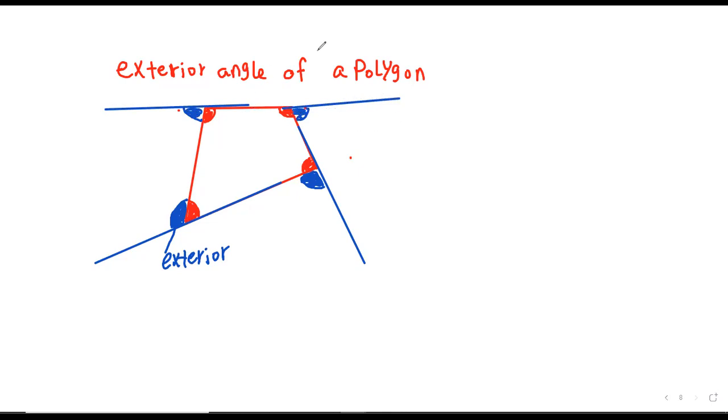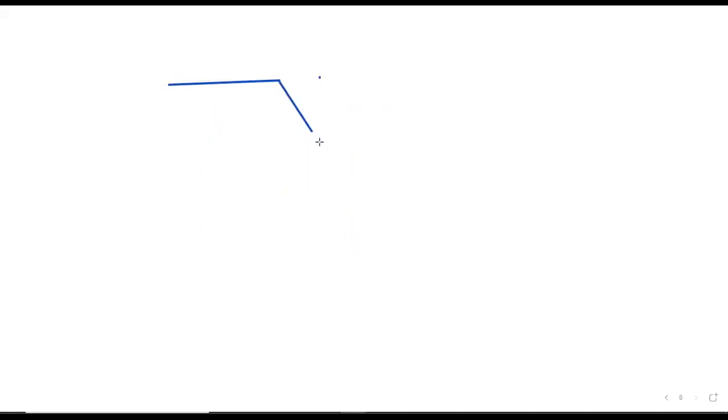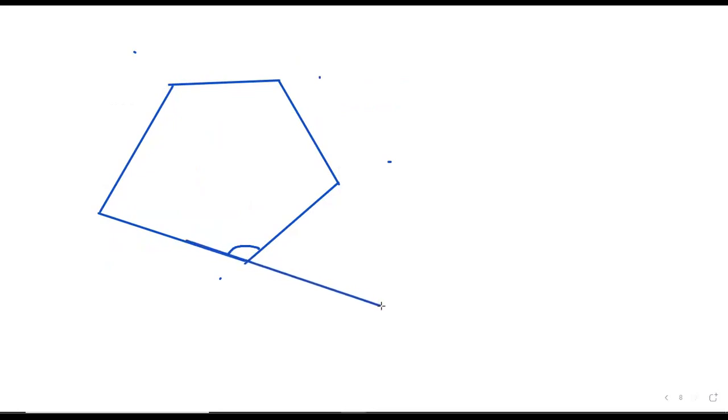What about the pentagon? This polygon I'm drawing is a pentagon: 1, 2, 3, 4, 5. This angle here is interior, and I'm going to extend this line, and this angle shaded in blue is exterior.